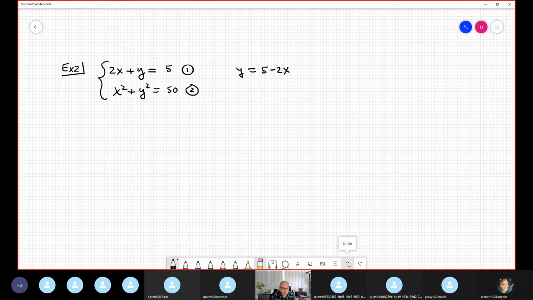Okay. The first thing you should do is realize that the first equation is linear. See, the first equation is linear and the coefficient in front of the y is 1, so you solve for y. Bam. Now, substitute this expression in the place of the y in the second equation. Now I copy x squared plus parentheses, I copy the expression, replace y with this.